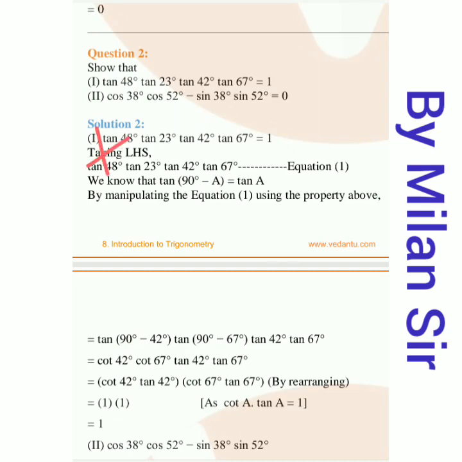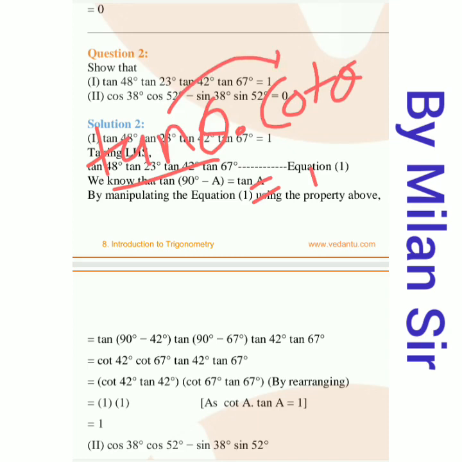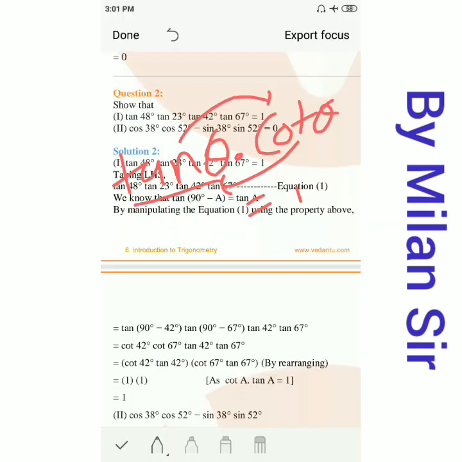And one thing we know that is tan theta into cot theta is equals to 1, because both are inverse. Tan is inverse of cot and cot is inverse of tan. If you multiply a number with its inverse, the answer is equals to 1. And we also learn these things in our theory part, right?